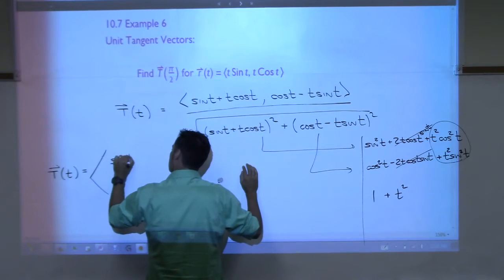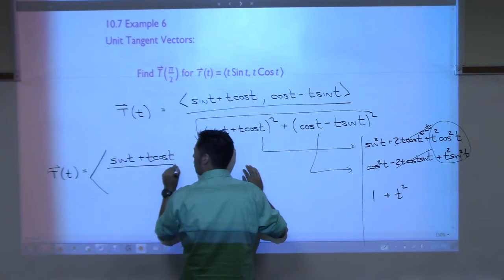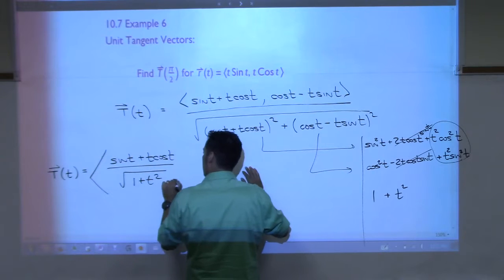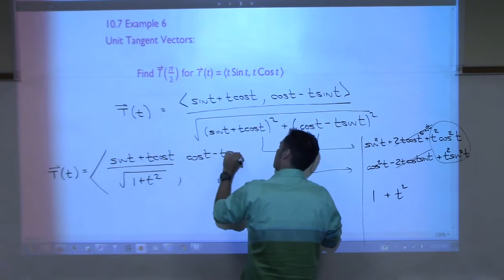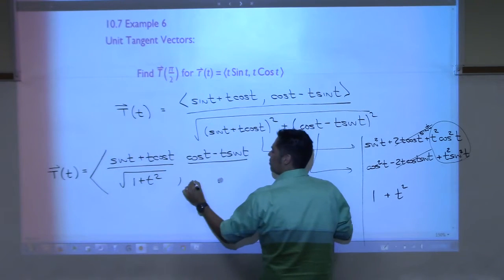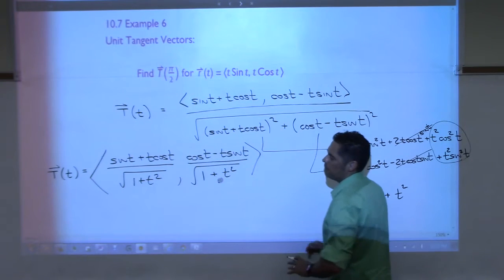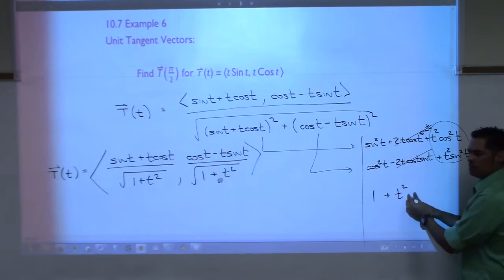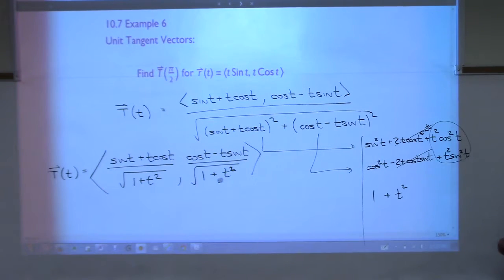So sine t plus t cosine t over square root of 1 plus t squared, and then cosine t minus t sine t all over square root of 1 plus t squared. Right here, 1 plus t squared? Oh no, you can't take it out of the root. So that would be the general formula for it.